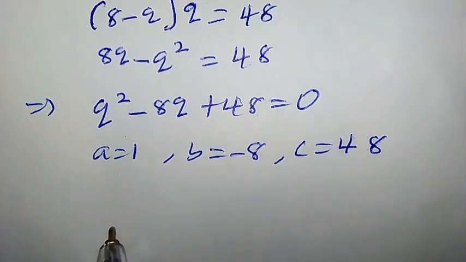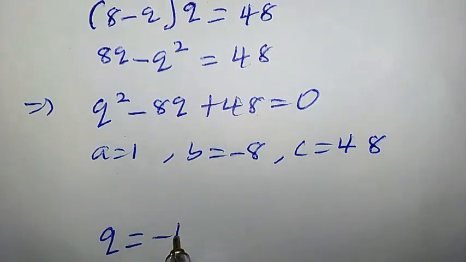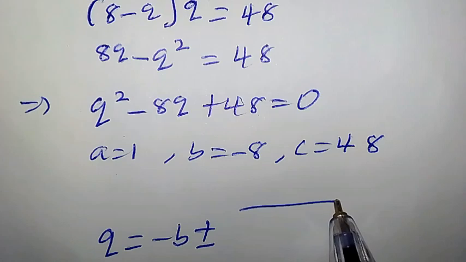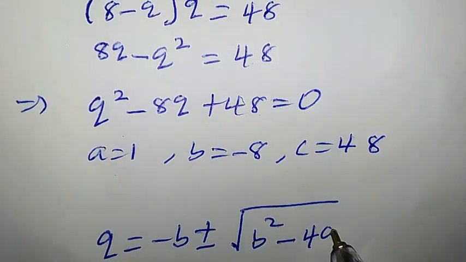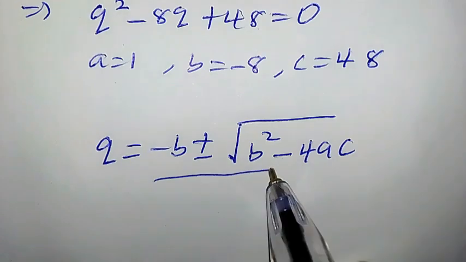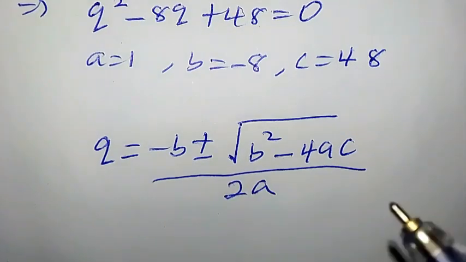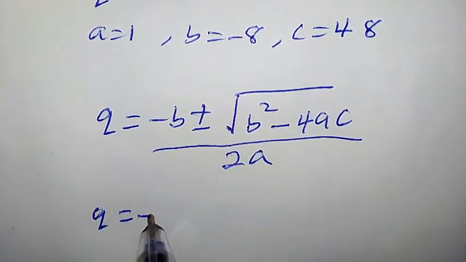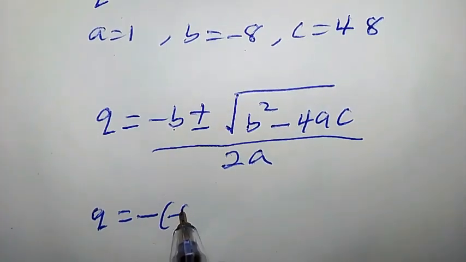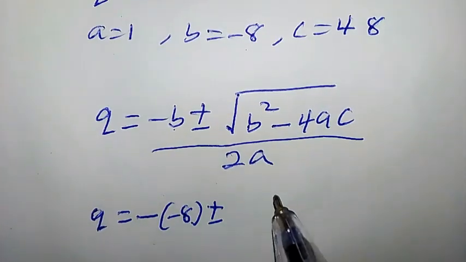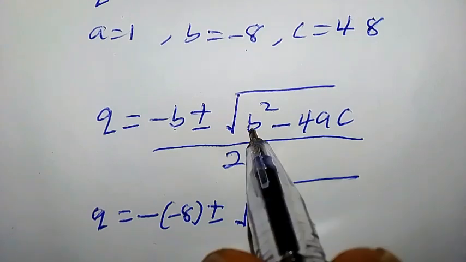What does the quadratic formula say? It says Q equal to minus B plus or minus square root of B to the power of 2 minus 4 times A times C, all over 2A. Q equal to minus, what is B? B is negative 8. We have negative 8 plus or minus square root of, what is B?